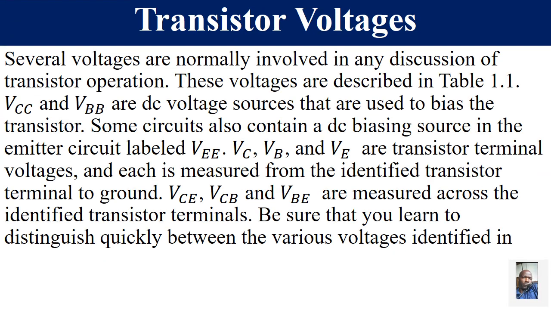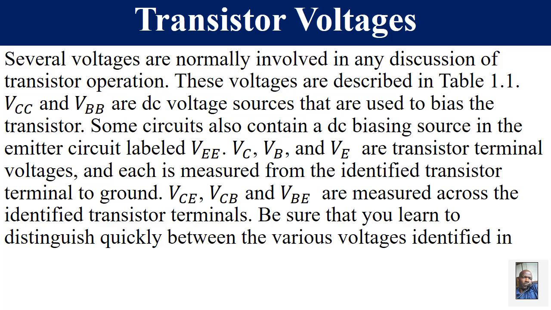Because we've introduced the supply voltages as well as the terminal voltages and the junction voltages, it is important that we look at transistor voltages because we'll need this when we do BJT biasing. And we are saying VCC, VBB and also VEE are supply voltages. How do you detect that? When the subscripts are the same, those are referred to as supply voltages.